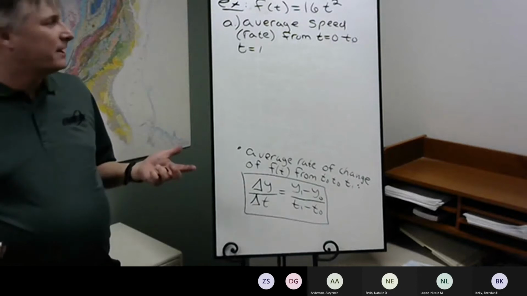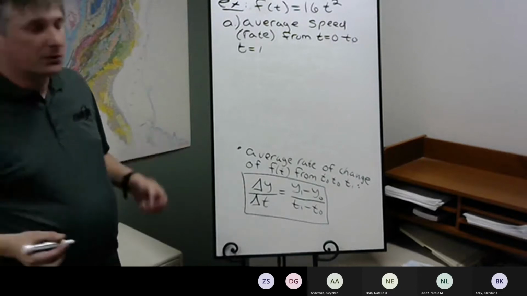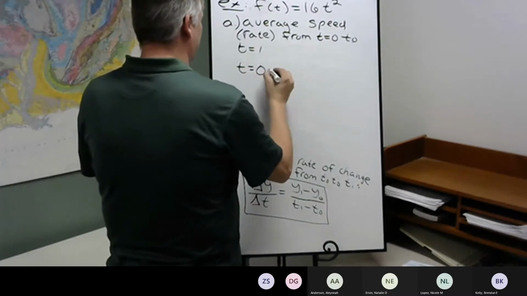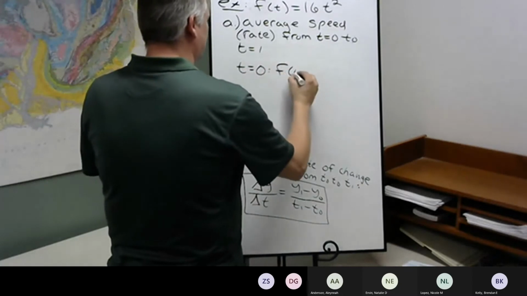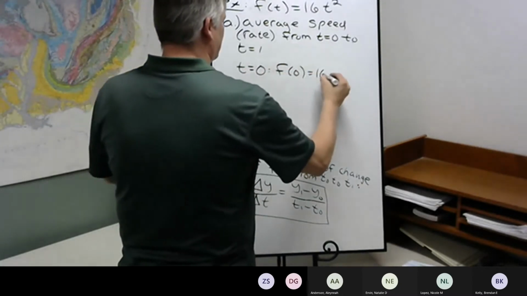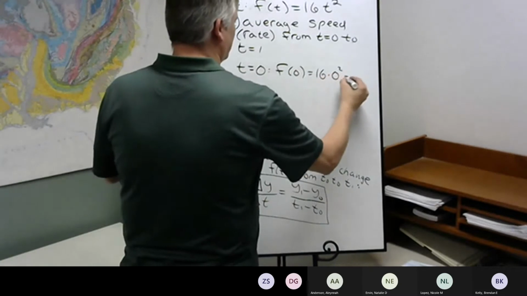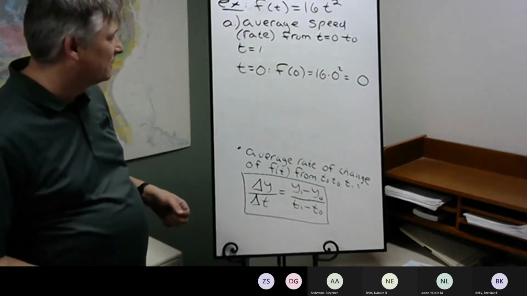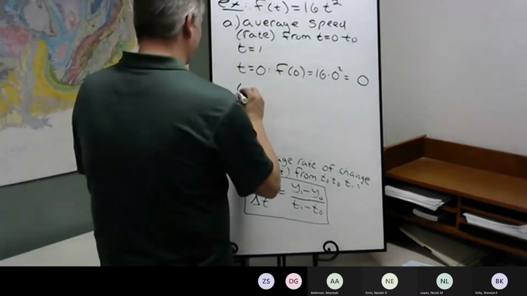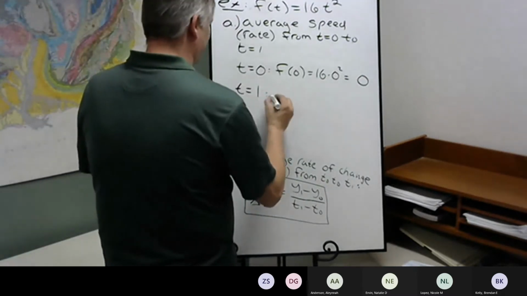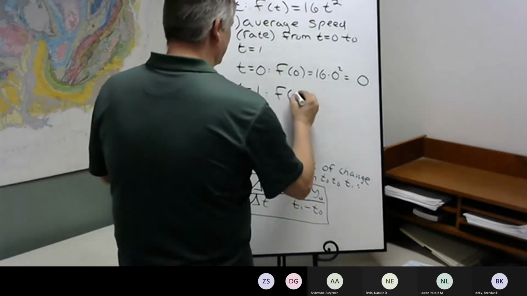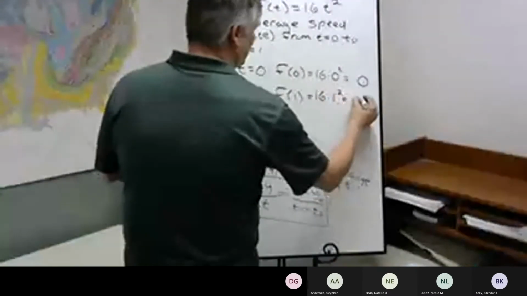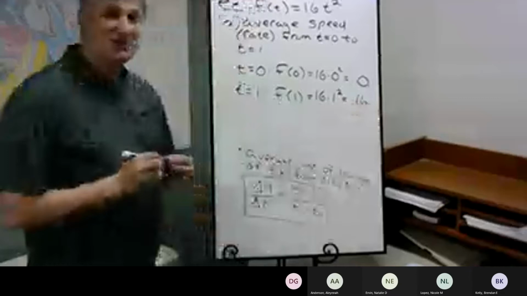So let's find out what f is at t equals 0. So for t equals 0, f of 0 is 16 times 0 squared. Well, that's just going to be 0. For t is 1, f of 1 equals 16 times 1 squared, which is just 16.